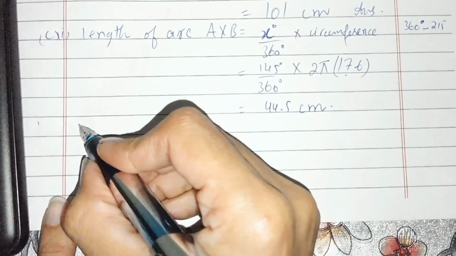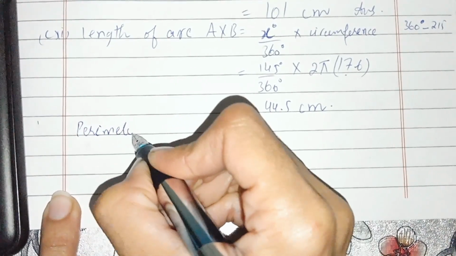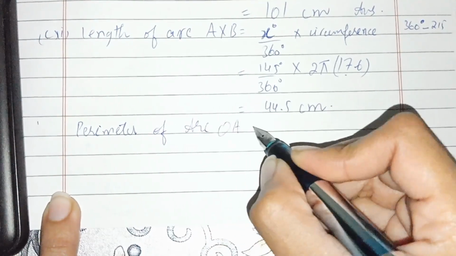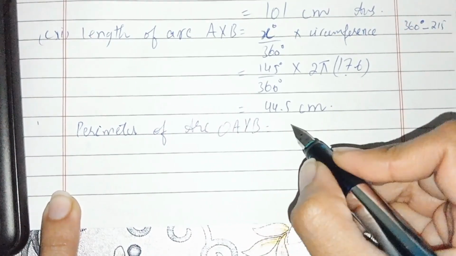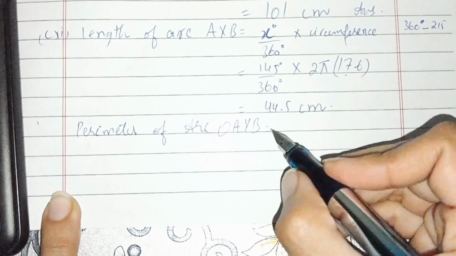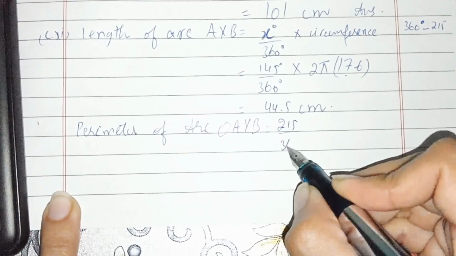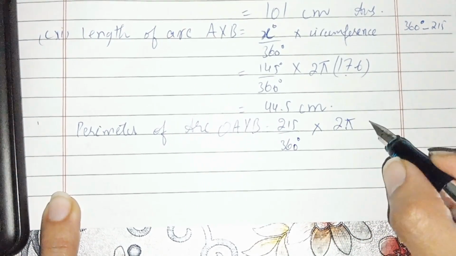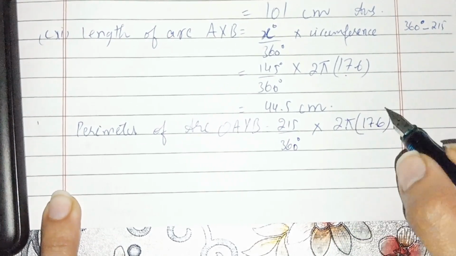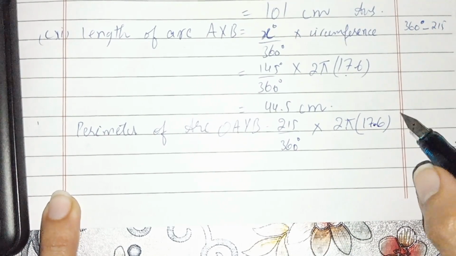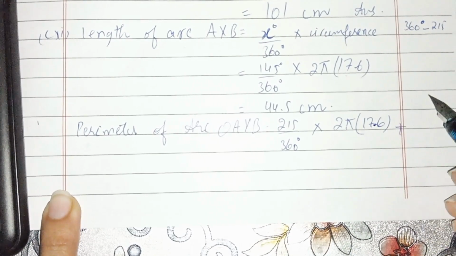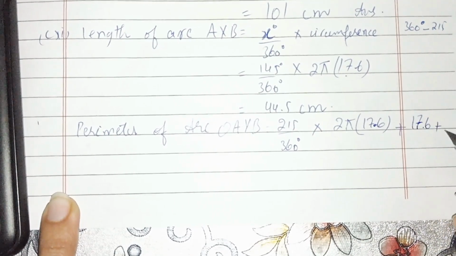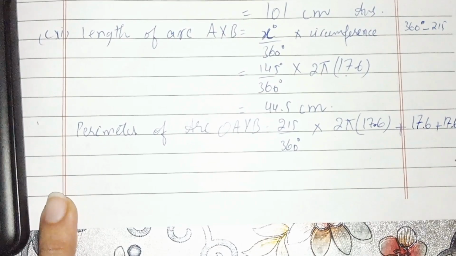Very simple. Now the perimeter of arc OAY, and x is given to us as 215 over 360 and circumference is 2 pi r, 17.6, and now we have to add OA and OB, which is the radius, 17.6 plus 17.6.